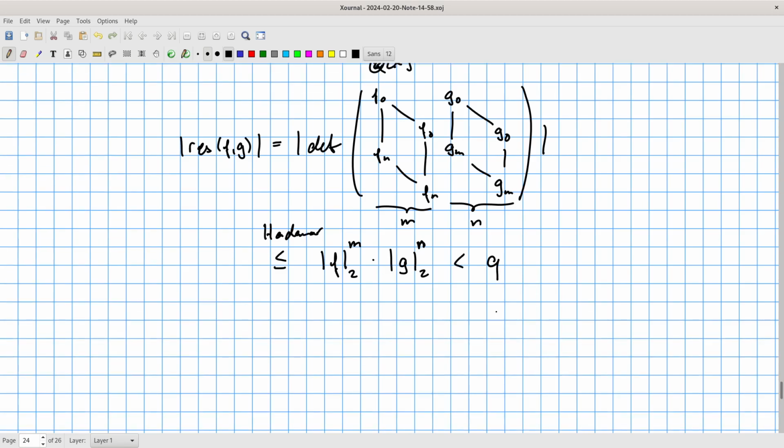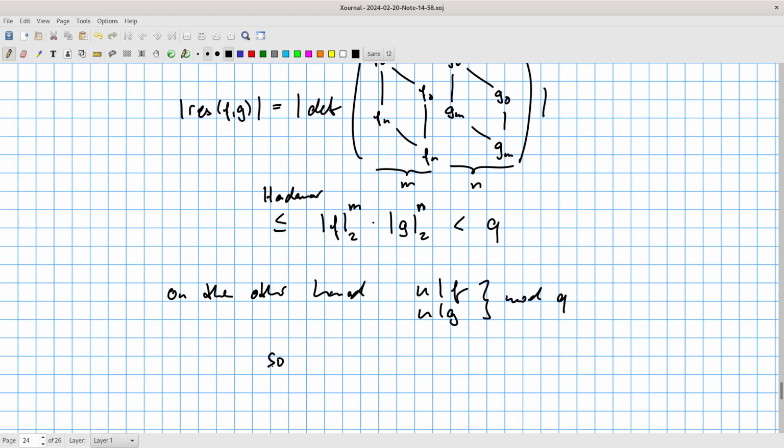But we also know that u divides f and u divides g mod q.